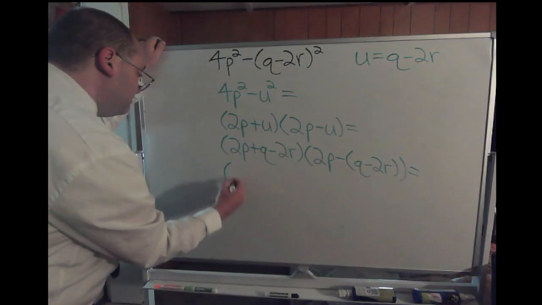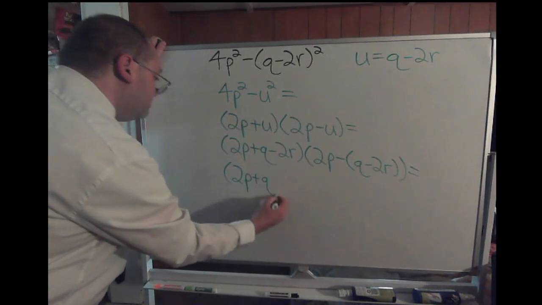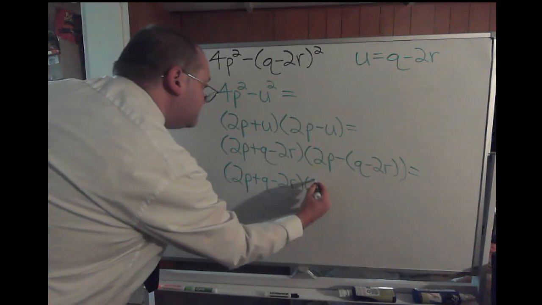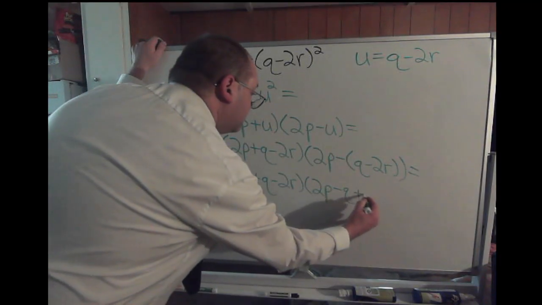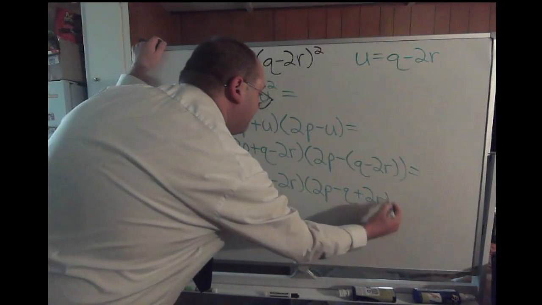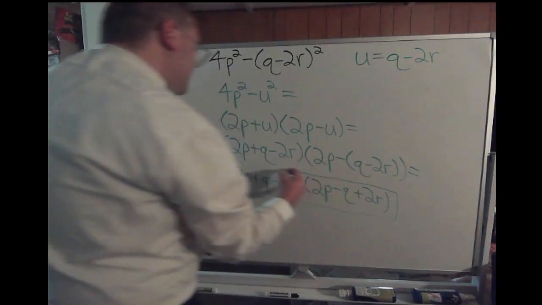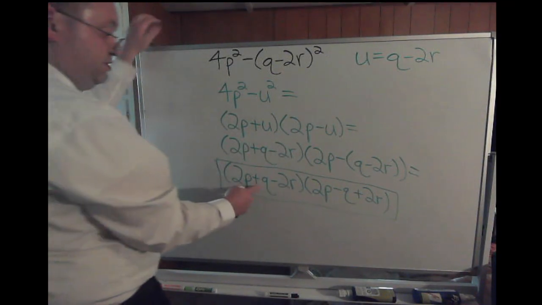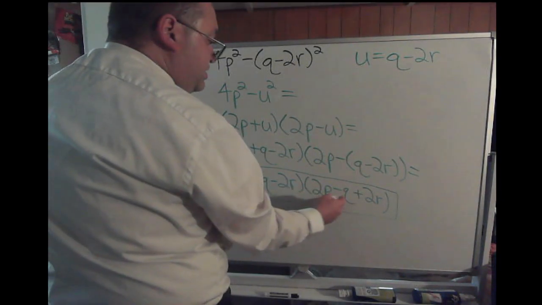So this will simplify further into the quantity of 2p plus q minus 2r times the quantity of 2p minus q plus 2r. So the factorization for this should be 2p plus q minus 2r, that quantity, times 2p minus q plus 2r.